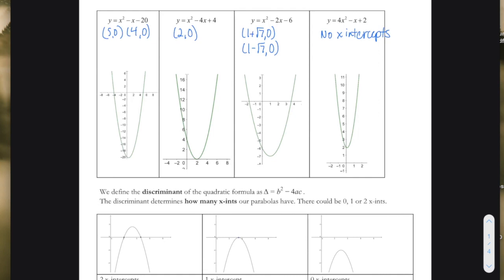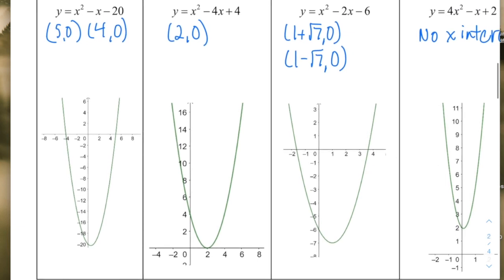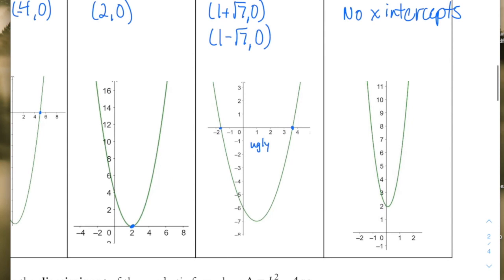Another thing I want to mention, we can actually pretty clearly see that the x-intercepts agree with the graphs. We have 1 here, we have 2, and we can see that they're actually quite ugly. And here we have none.